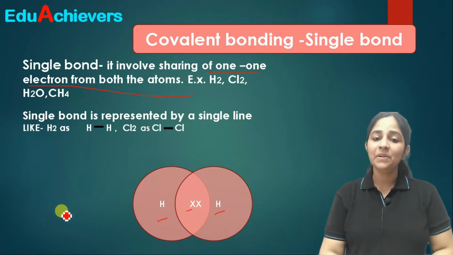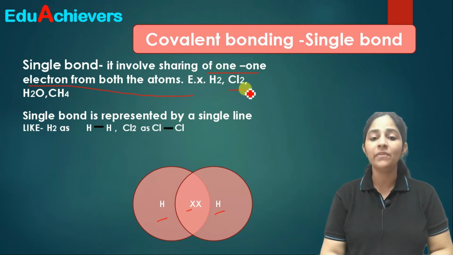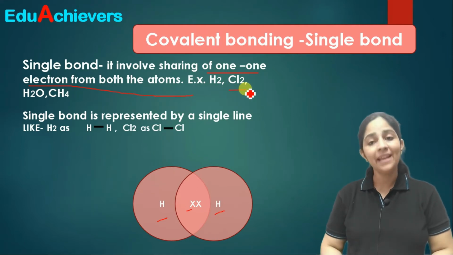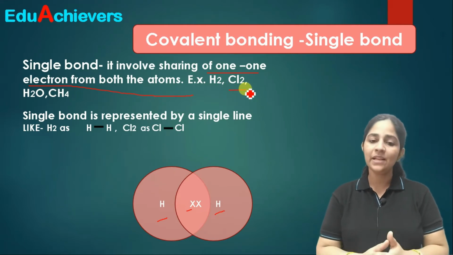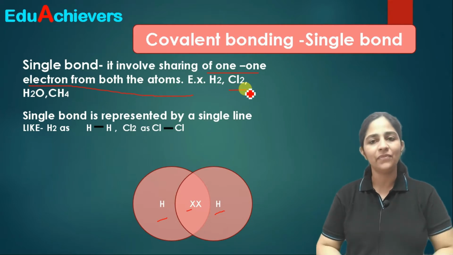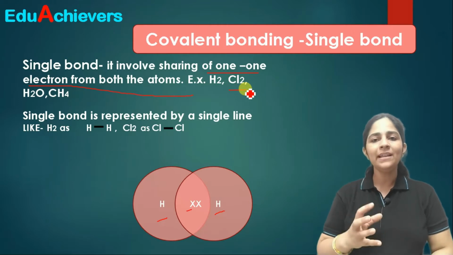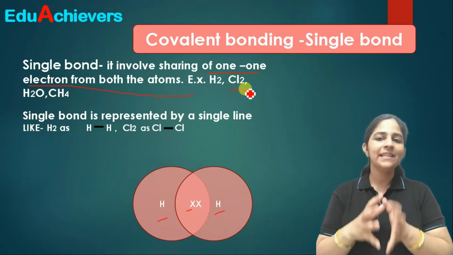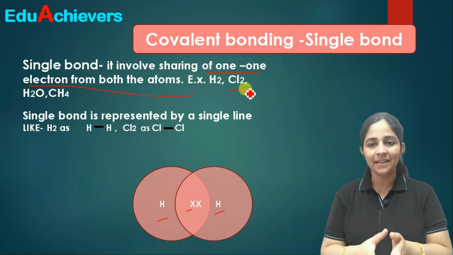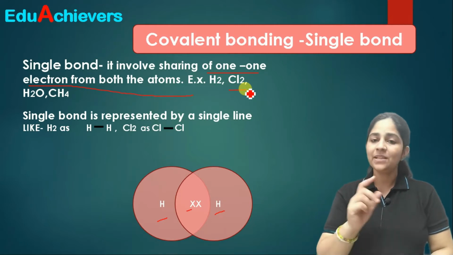Another example where a single bond is formed is chlorine gas, where chlorine, as you're aware, has the configuration 2, 8, 7, with atomic number 17. This again needs only one electron to attain stability, to complete its octet in the outermost orbit. So it does the same thing.